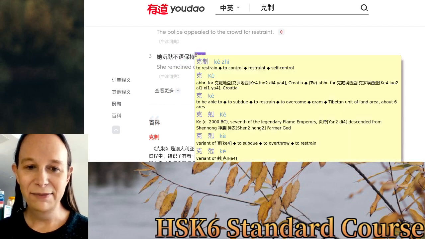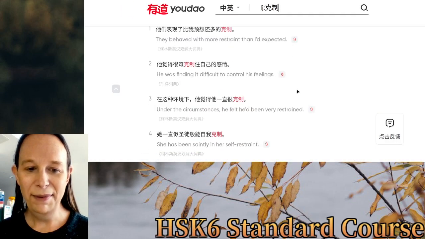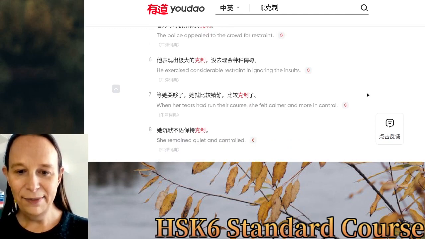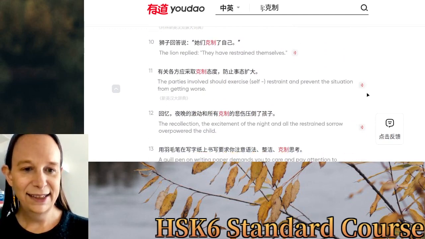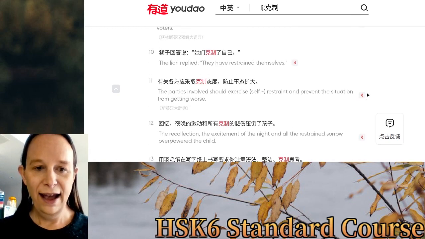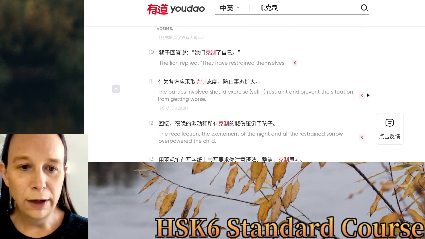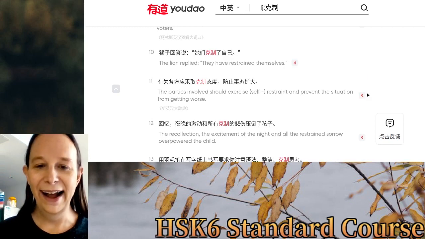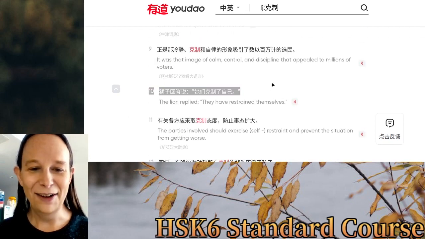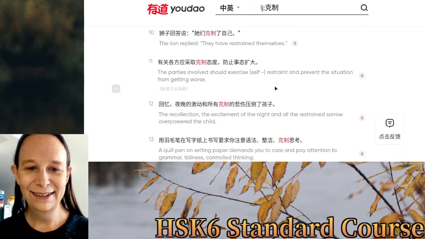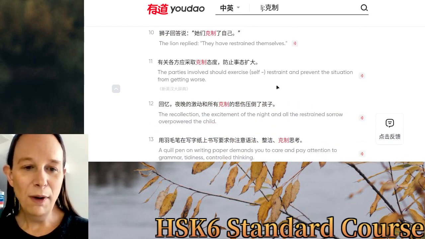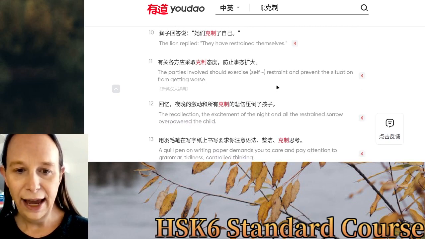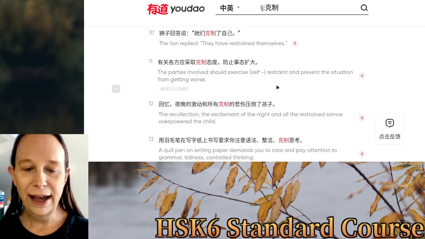保持克制, so maintain self-control. Maybe someone was being really nasty or saying something unpleasant, but she maintained silence. 狮子回答说他们克制了自己. They restrain themselves. All right. I feel like that needs a lot more context. 有关各方应采取克制态度，防止事态扩大.